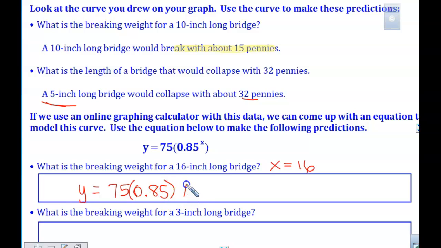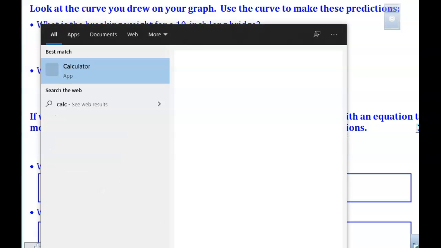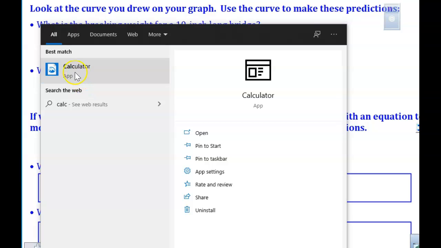You're going to use the caret key on your calculator, and then plug in 16. Make sure you know how to put that in your calculator.